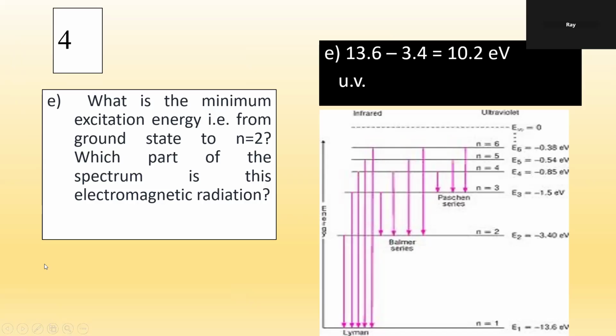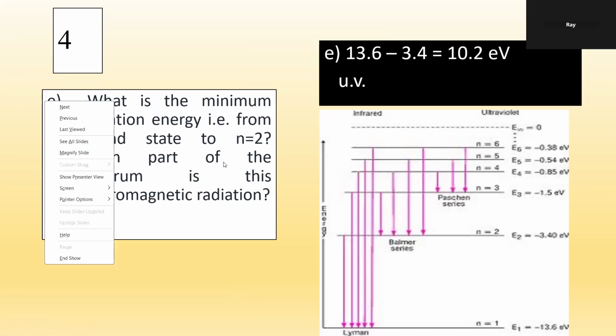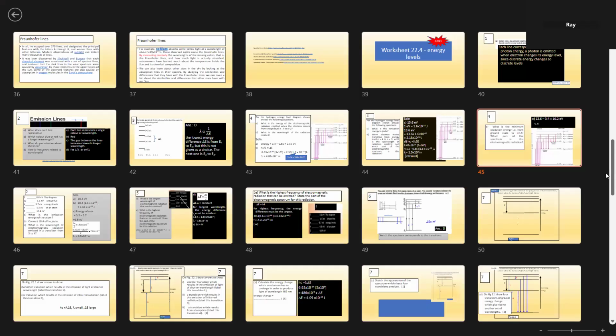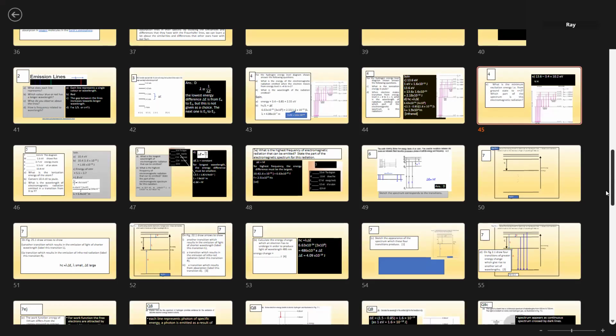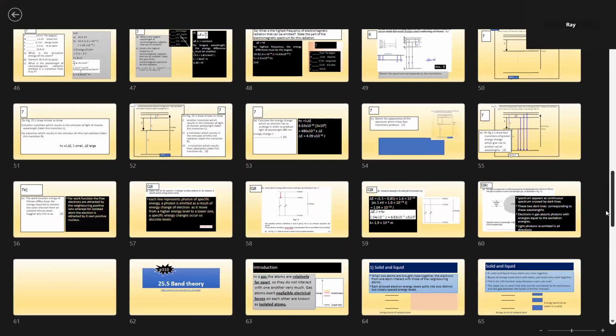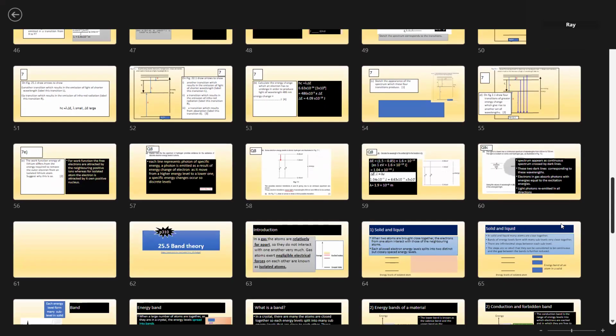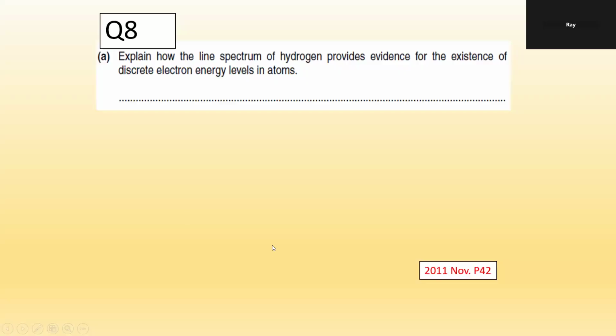If you can memorize, 10.2 is the ultraviolet lah. The rest you can try yourself, but we will do one or two more. Very popular: explain how the line spectrum of hydrogen provides evidence for the existence of discrete energy levels in atoms.